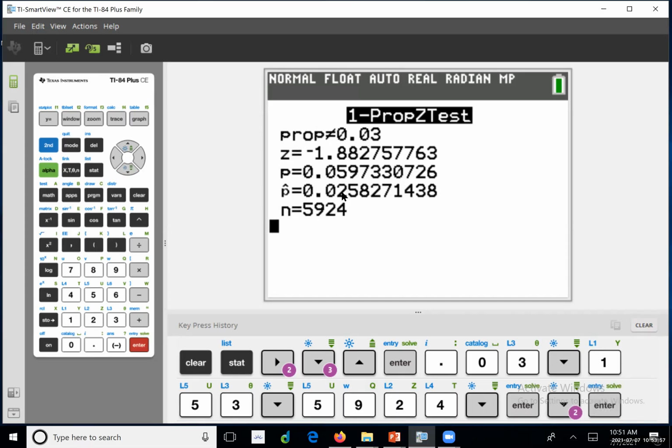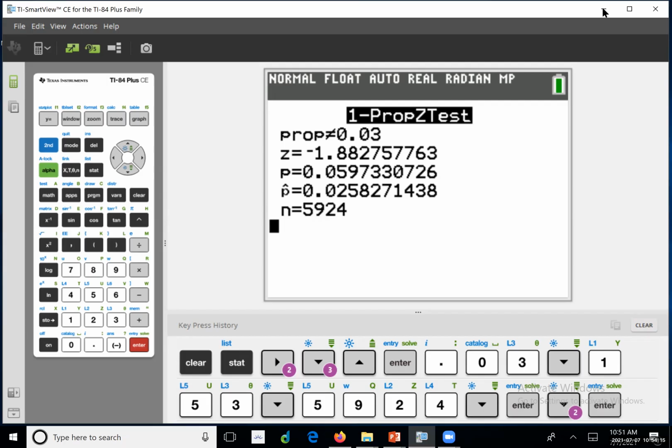Okay, so here is the p-value, 0.0597. Two or three decimal places would be sufficient. So let's say 0.06.